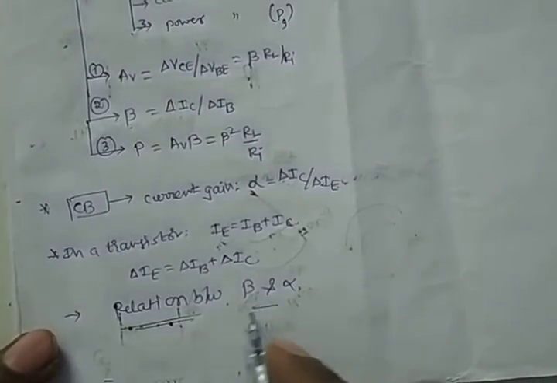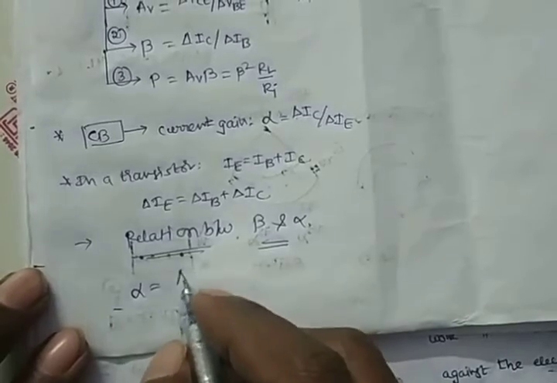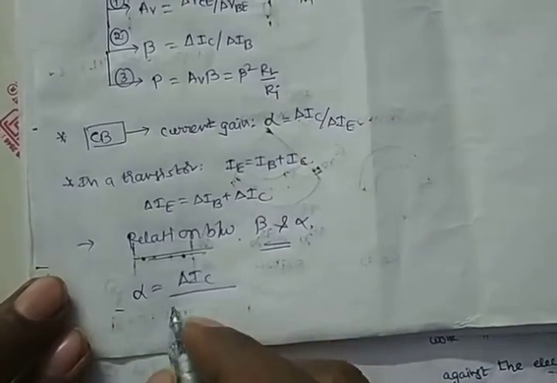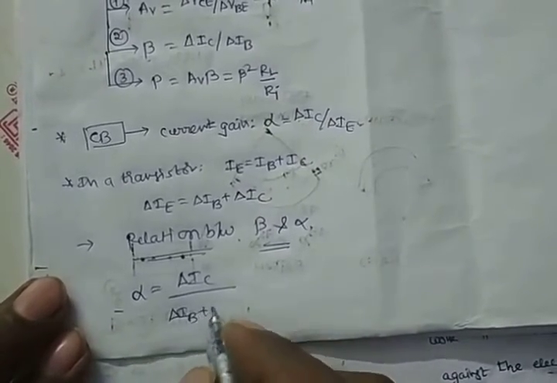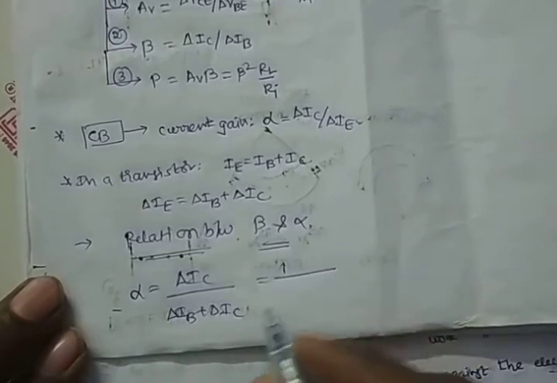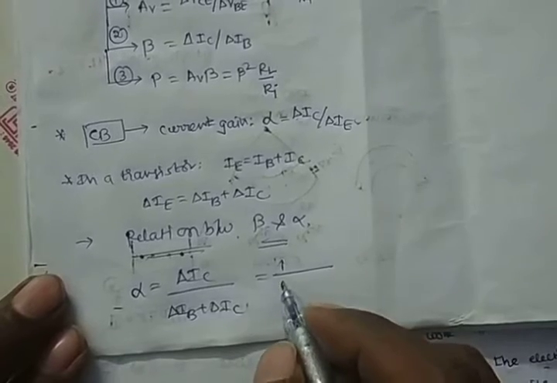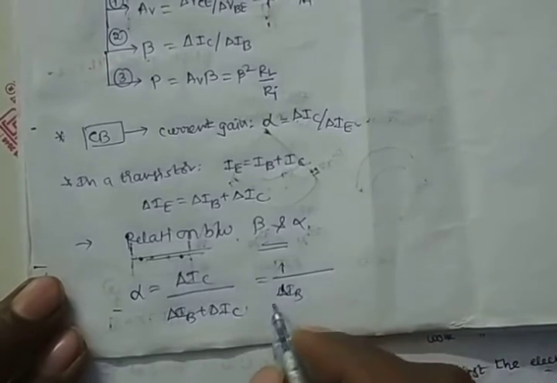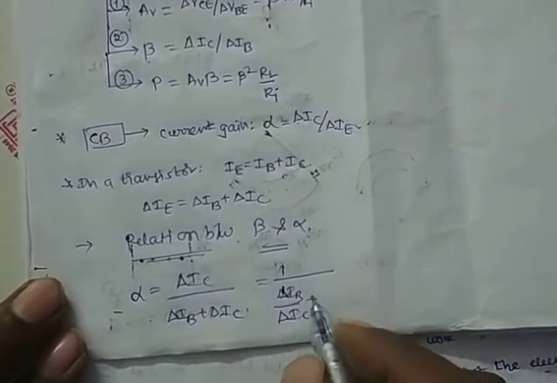So the relation between beta and alpha. For that you can write like this. Alpha equal to delta IC by delta IB plus delta IC. That is 1 by delta IB by delta IC plus 1.